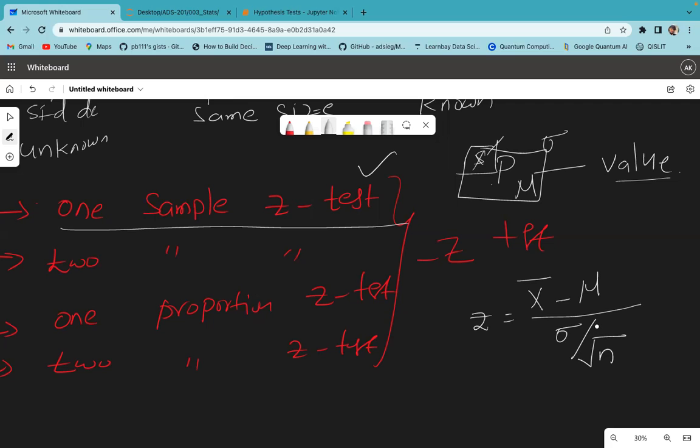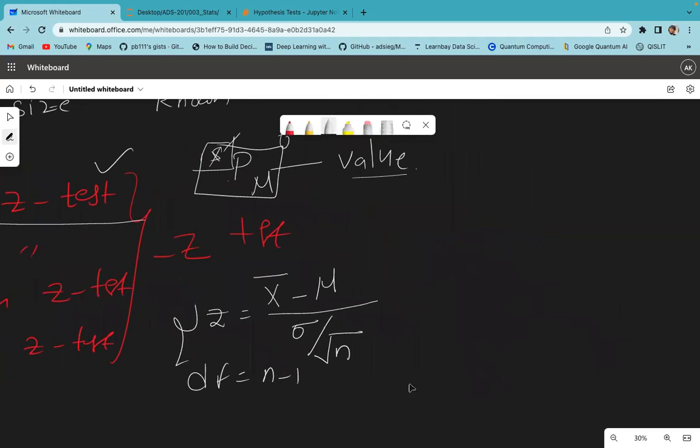This is the formula to find Z. If you know the Z value and the degree of freedom, which is n minus 1, we can easily calculate the p value.